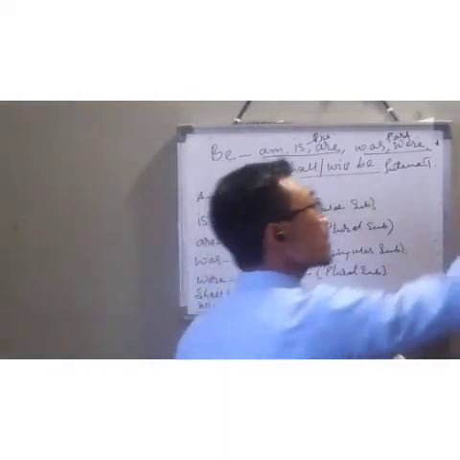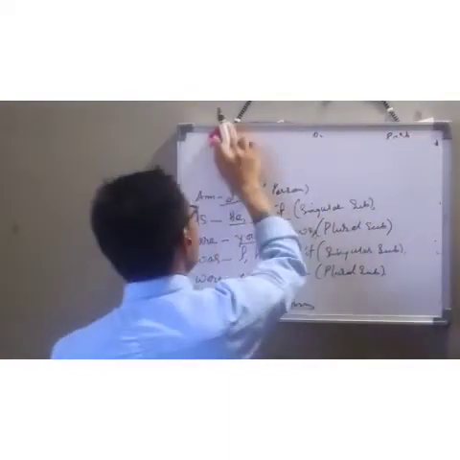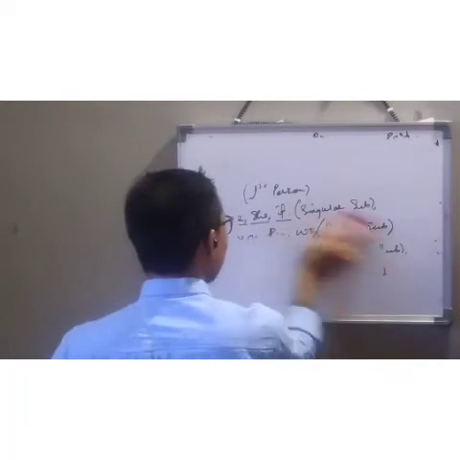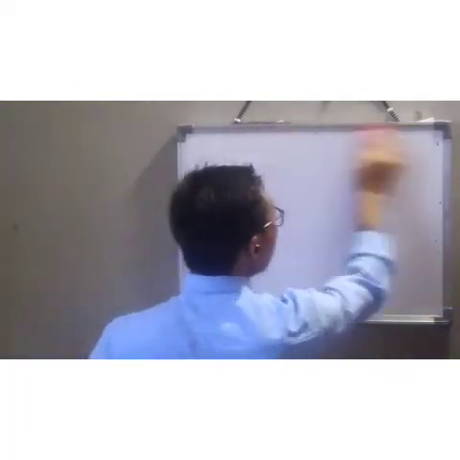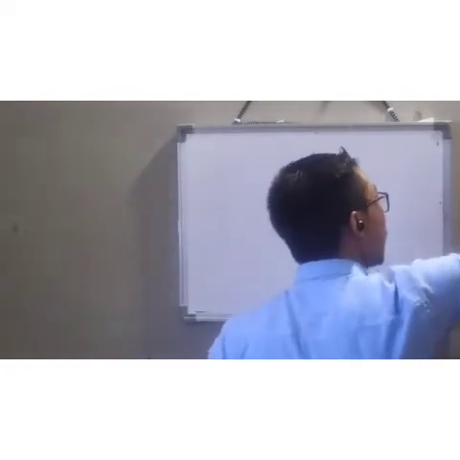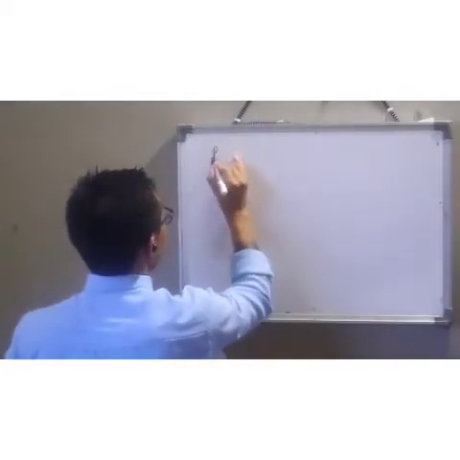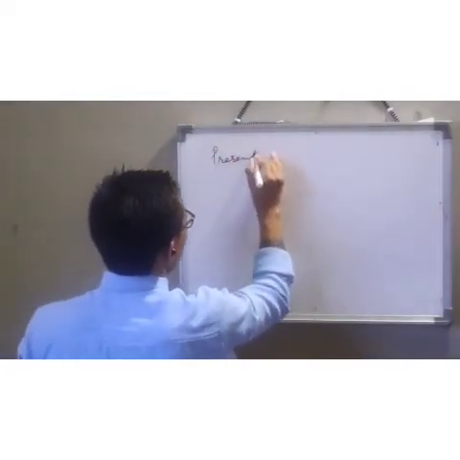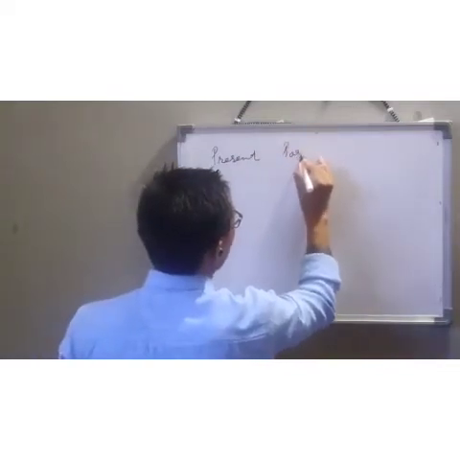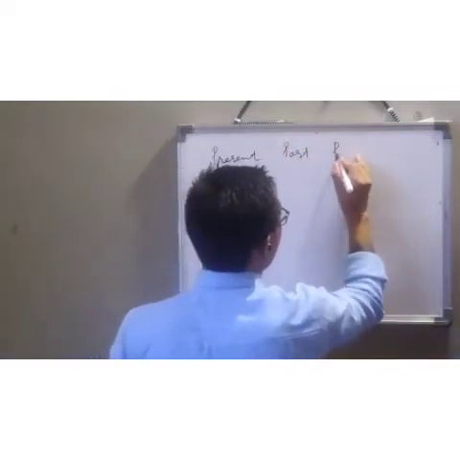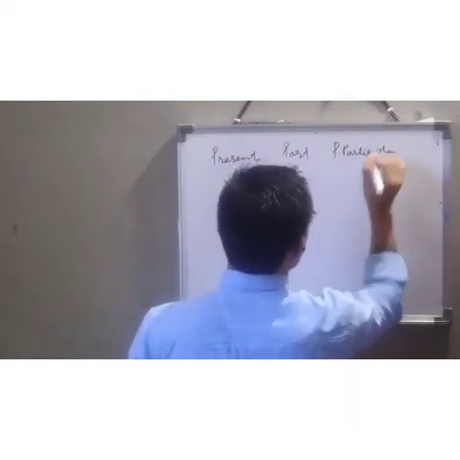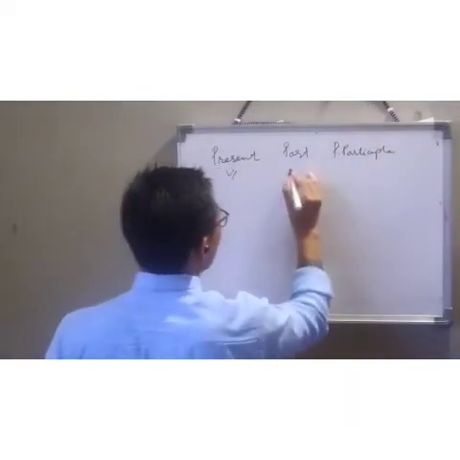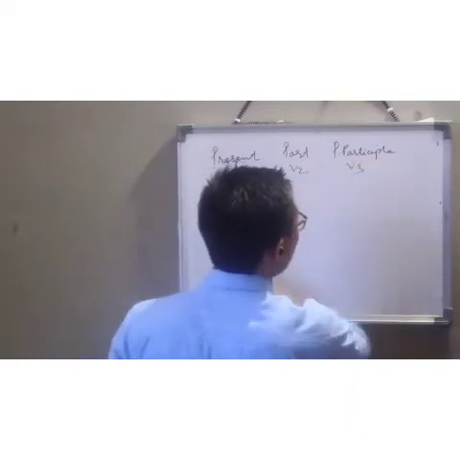Now let us see the last form of verb, that is regular verbs and irregular verbs. Now in a verb we know that it has three forms: present, past, participle. So it is also called V1, V2 and V3.